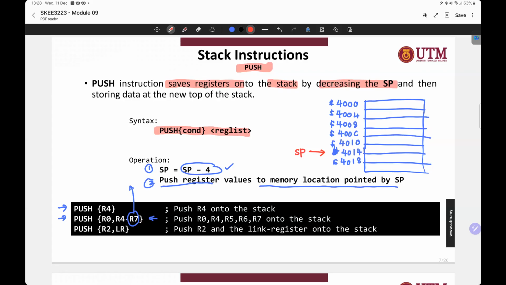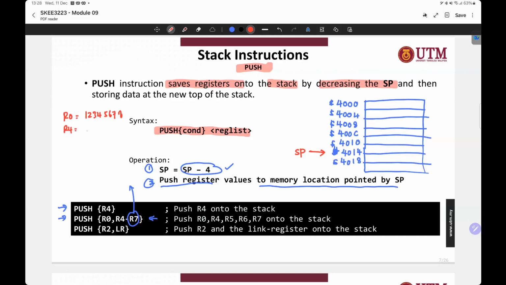Now, by looking at the second instruction, you're going to push R0, R4, R5, R6, R7 to your stack memory. We assume that R0 has the value 1, 2, 3, 4, 5, 6, 7, 8.